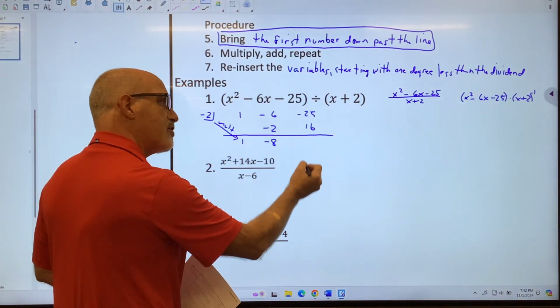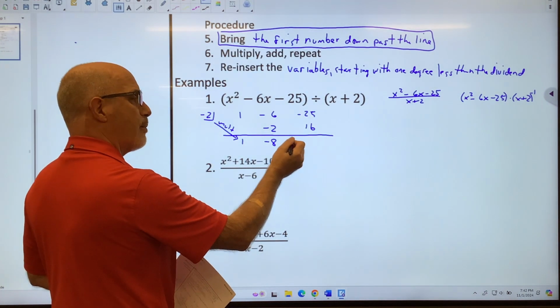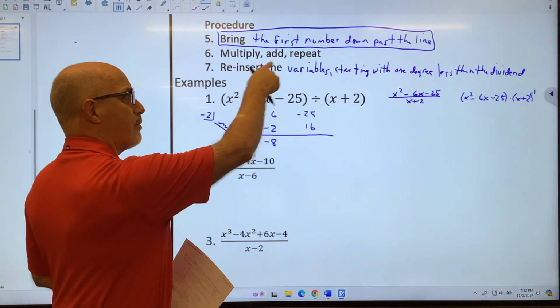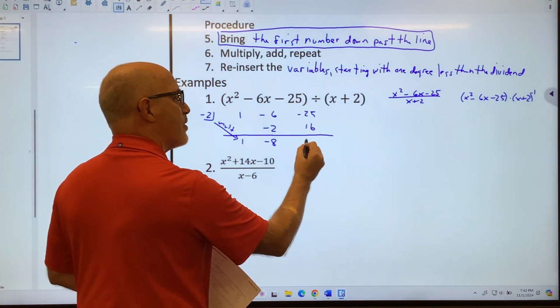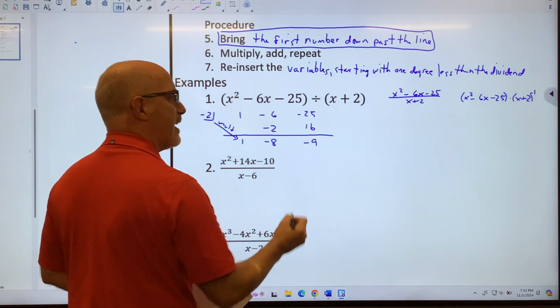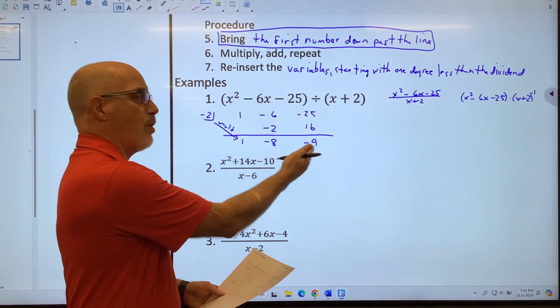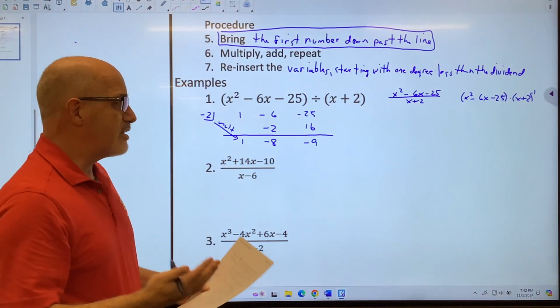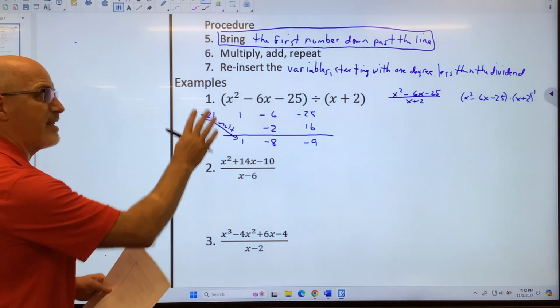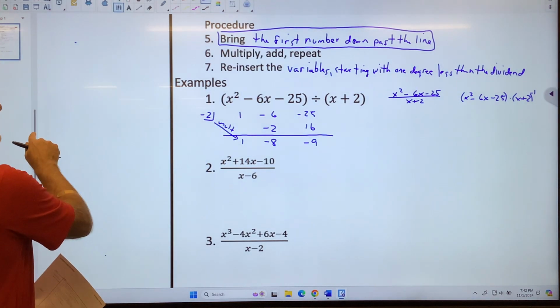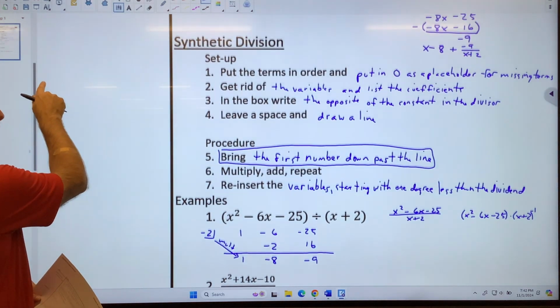Now you add straight down for that procedure. Notice we're repeating this. And so you add straight down, you get a negative 9. All right, now you might wonder, what are these numbers? These numbers are the coefficients. Notice that this problem is exactly the same as the one we did up here.